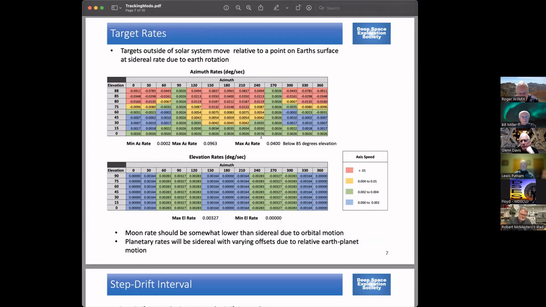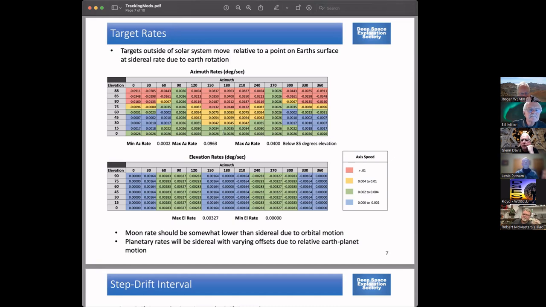Our primary targets in radio astronomy are beyond the solar system, which means the targets are at sidereal rates in general. These tables show what azimuth rates would be at a specified elevation and azimuth.